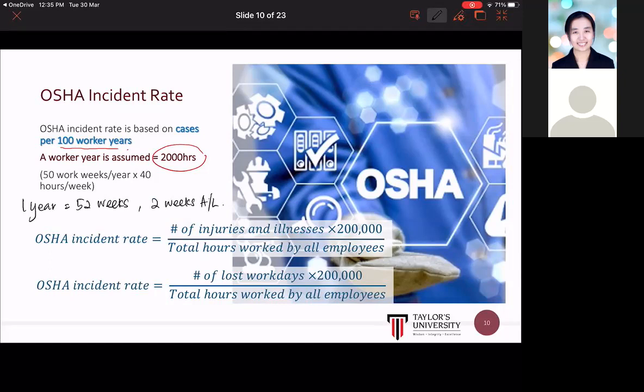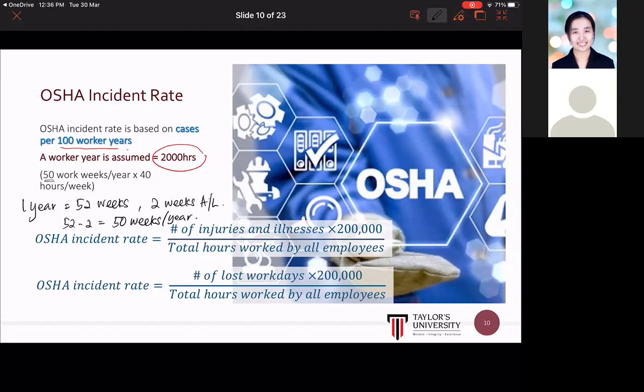As humans, we are entitled to have our annual leave, have our break over the years. If you work for 52 weeks a year, you're entitled to at least 2 weeks of annual leave. So that is where it is calculated. So 52 minus 2 is 50 working weeks per year. That is why you notice that here we talk about 50 work weeks per year. Okay, so this is how the first calculation comes about.